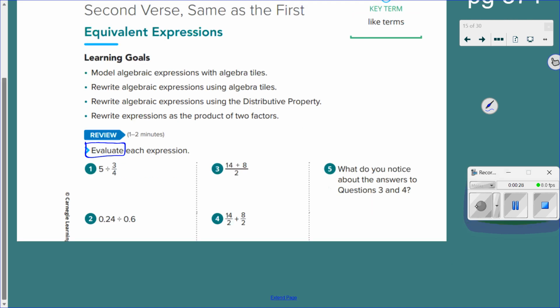Okay. For number 1, I am dividing a whole number by a fraction. What do I do first? Put the whole number over 1 and then keep, change, flip. So 5 times 4, 1 times 3. My numerator is larger than my denominator, so I need to divide.